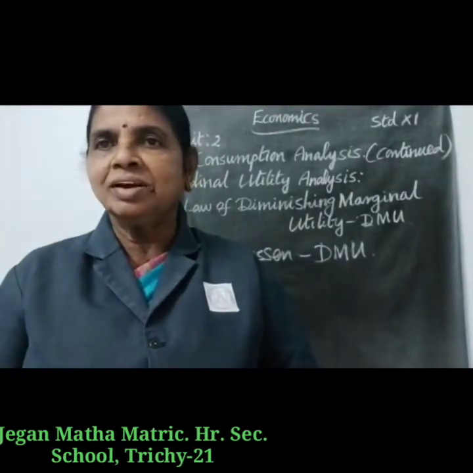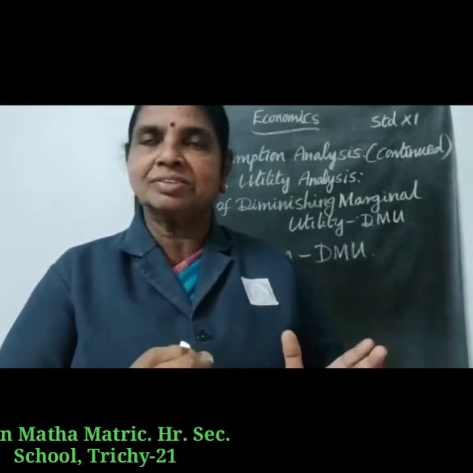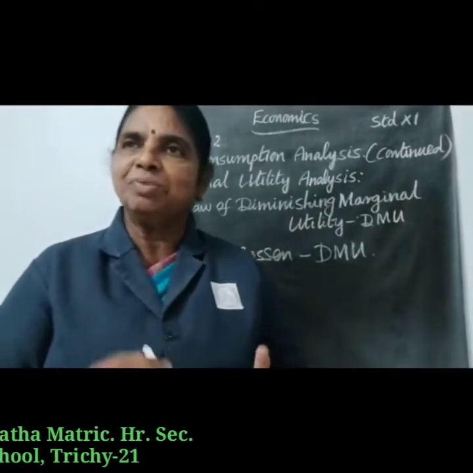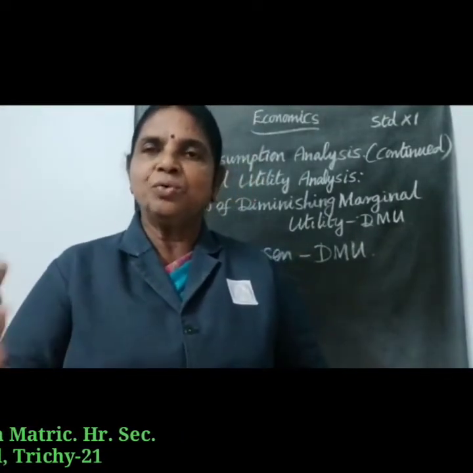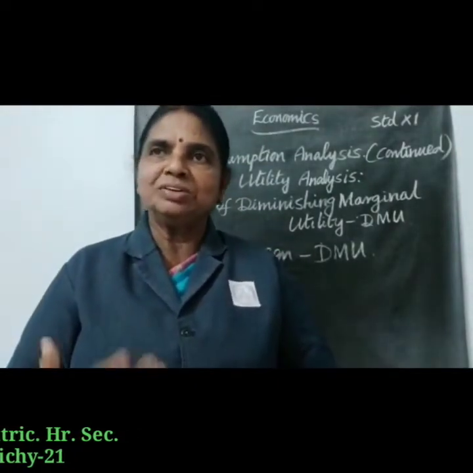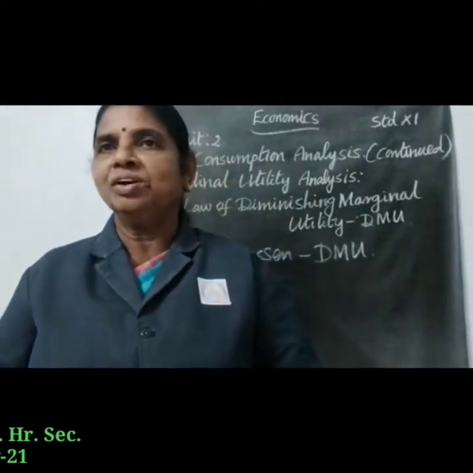And of course, as per the law, it has its own assumptions. The first assumption is utility can be measured by cardinal numbers such as 1, 2, 3, 4 and so on.